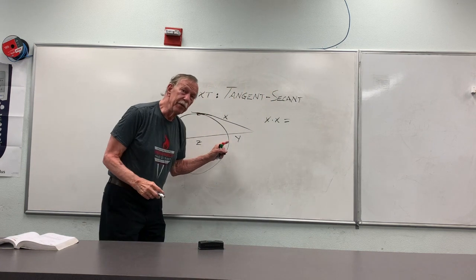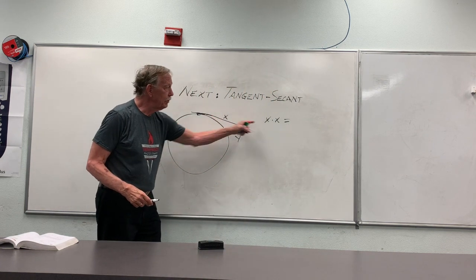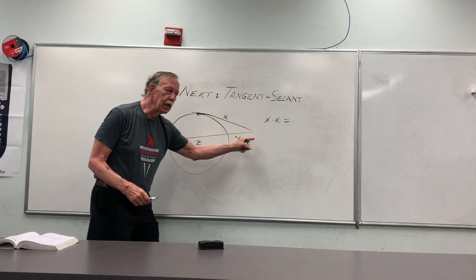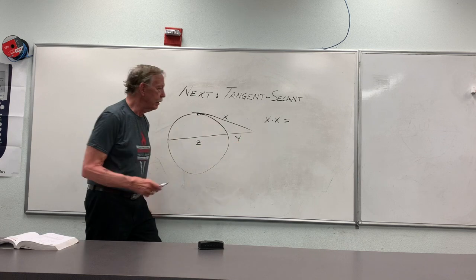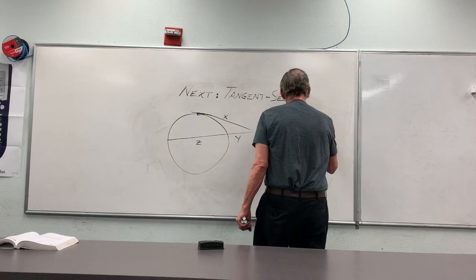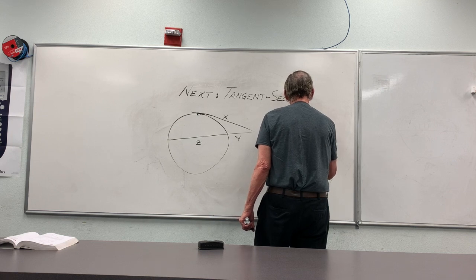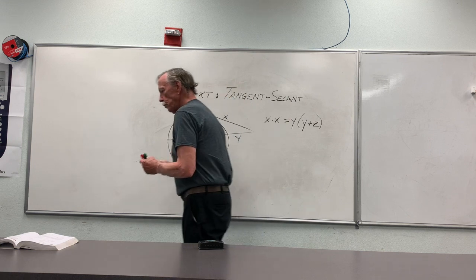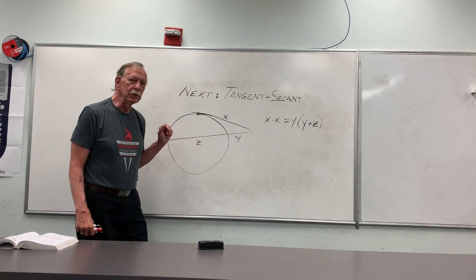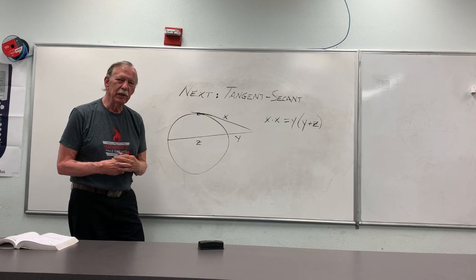And we set that x times x equal to the product of the little piece times the whole secant. When we fill in numbers, this will make a little more sense.